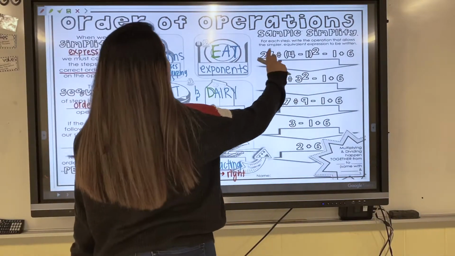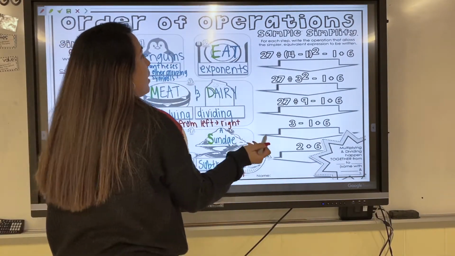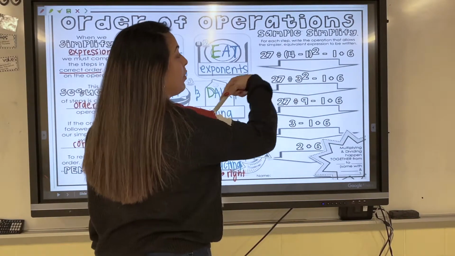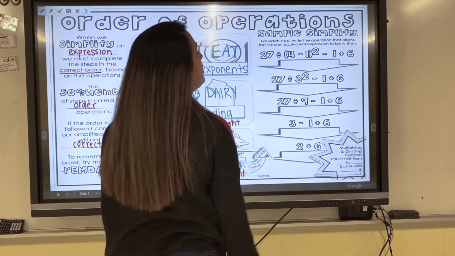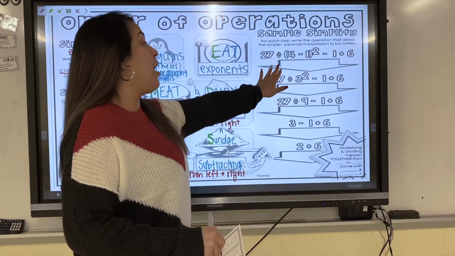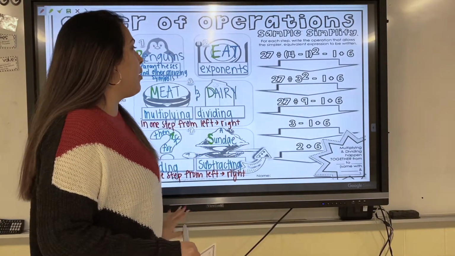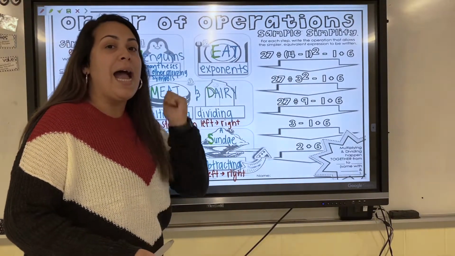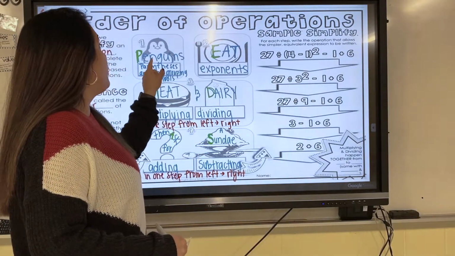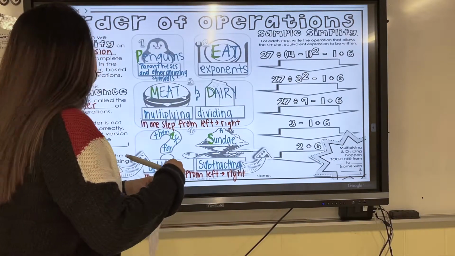So we have 27 divided by (4 minus 1) to the power of 2, minus 1 plus 6. So looking at this problem in my order of operations, what do I need to do first? I need to do parentheses. My P comes first.